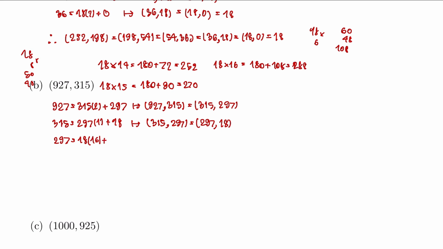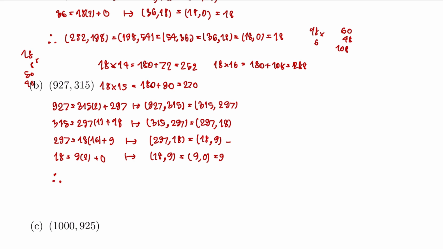Then 288 plus you need to add 9, right? So 297 equals 18 times 16 plus 9. So the greatest common divisor of 18 and 9 is obvious: 18 equals 9 times 2 plus 0. So the greatest common divisor of 18 and 9 equals 9.